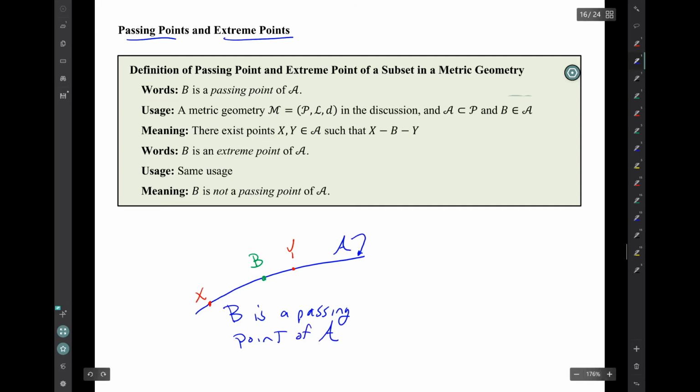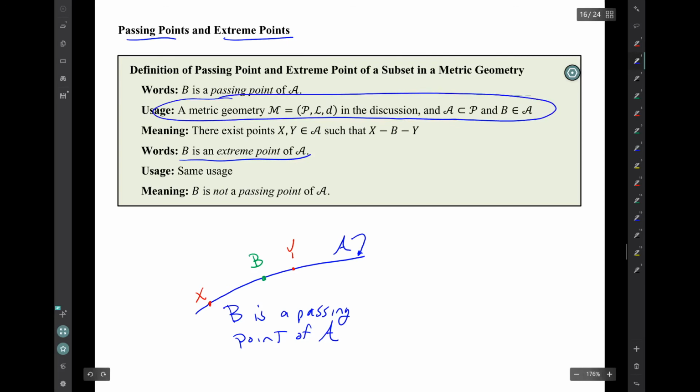Now, a more sophisticated idea is the idea of an extreme point. The same usage, we say that B is an extreme point of a set in situations like this. We have a metric geometry, we have some set script A that's a subset of the set of points, and we have some point B that's an element of that set script A. So in other words, B is a point in the metric geometry that is an element of some subset.